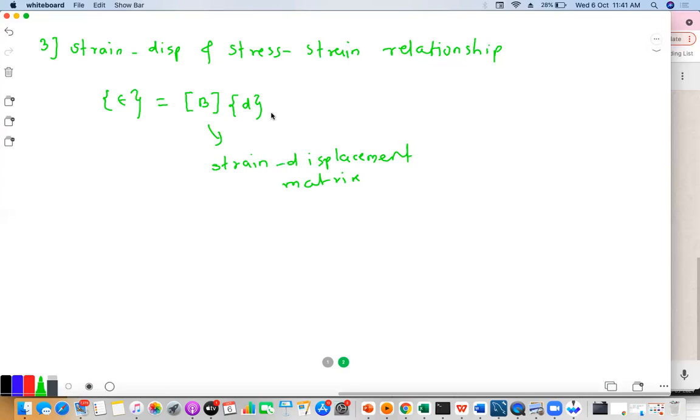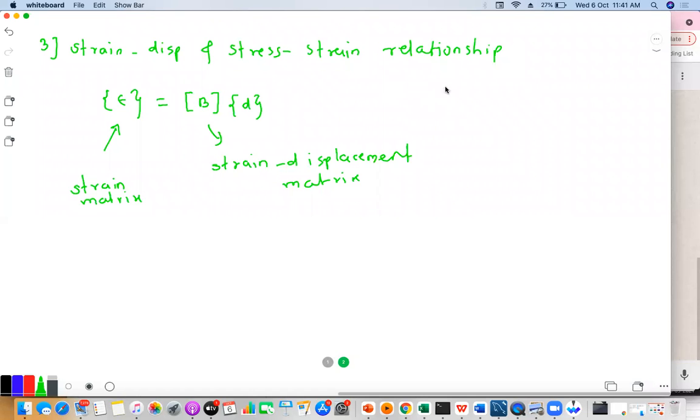And as I already told you, d is the displacement matrix for an element. This is my strain matrix, right?